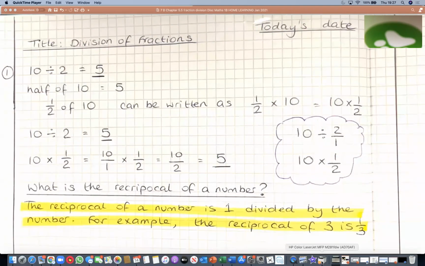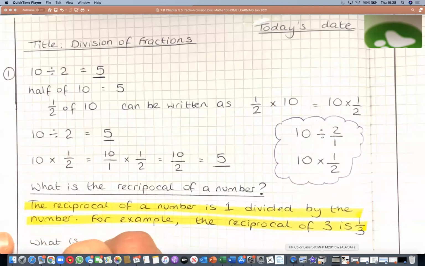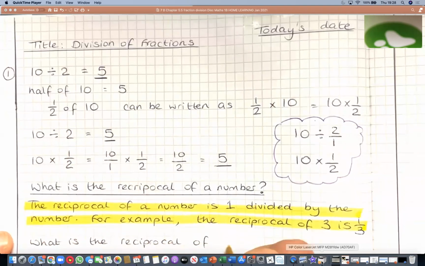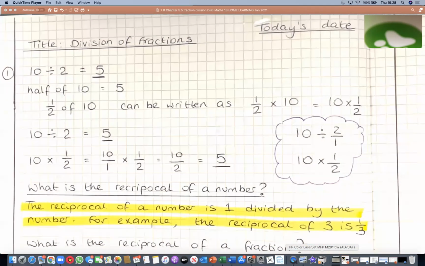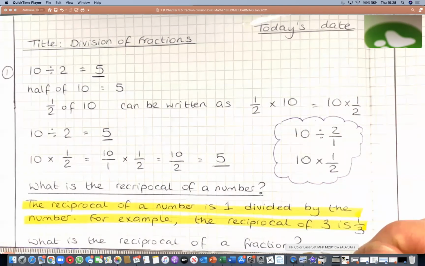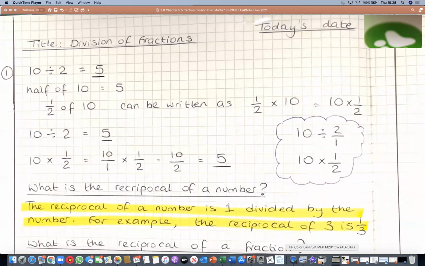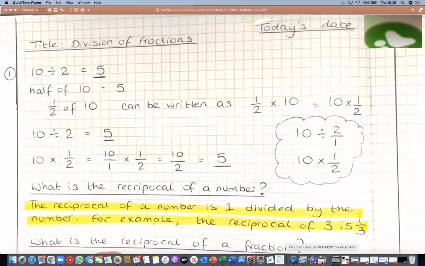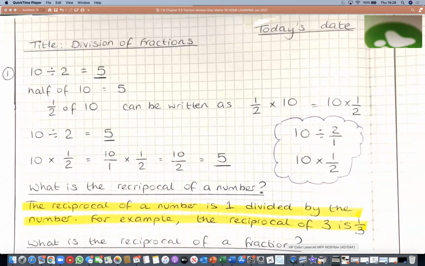Okay, let's think about what that means for a fraction then. Okay, so let's write that down. What is the reciprocal of a fraction? So the reciprocal of a fraction.